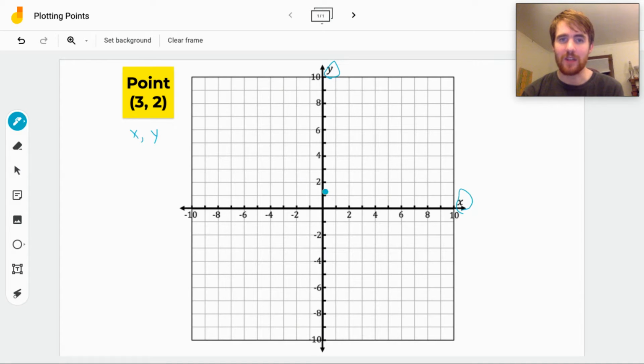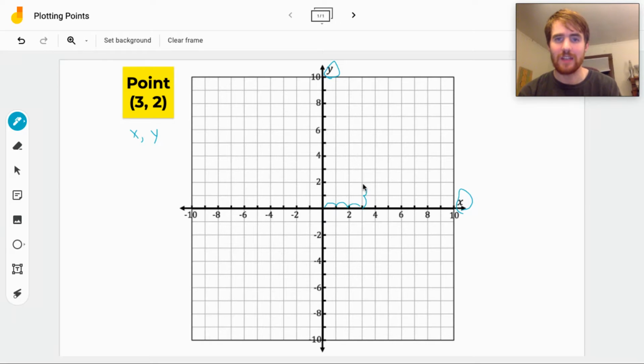So the first number tells us how far to go from side to side on the x-axis. So in this case, 3, we go over 1, 2, 3. The second number is the y coordinate, so that tells us where to go up or down on the y-axis. It's 2, so we go up 1, 2.